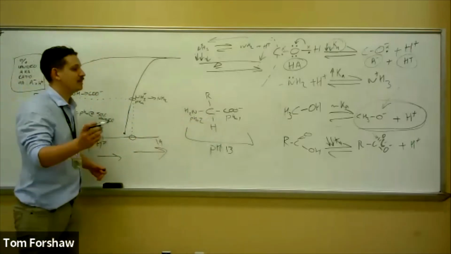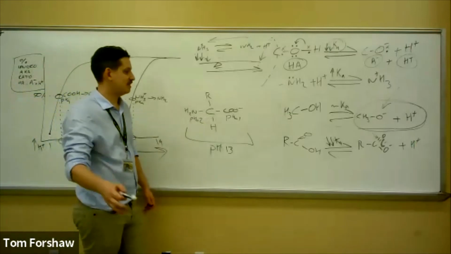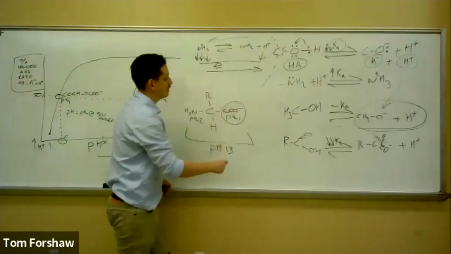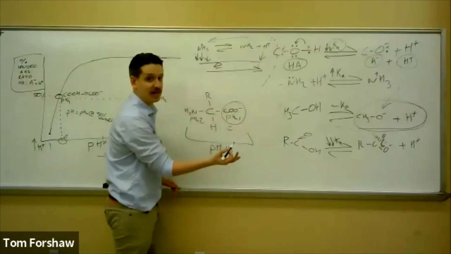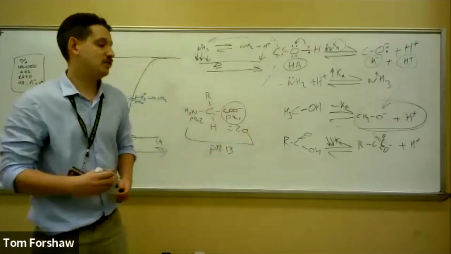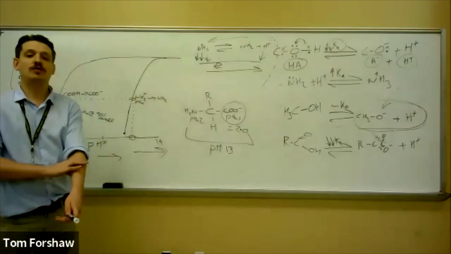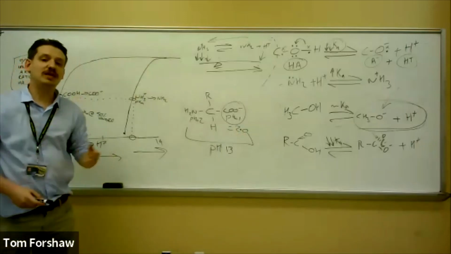General thing to remember is that for all the amino acids, the pKa of the carboxylic acid group is about 2. It's about 2 on all of them. So you don't need to remember all of them.